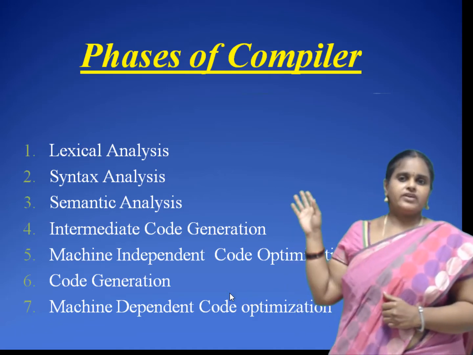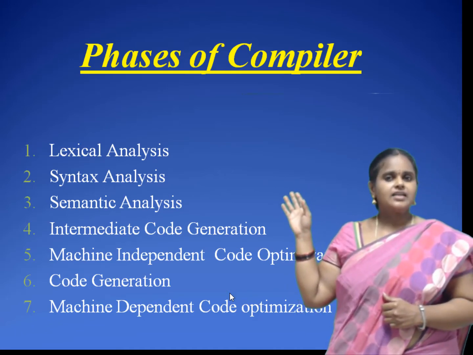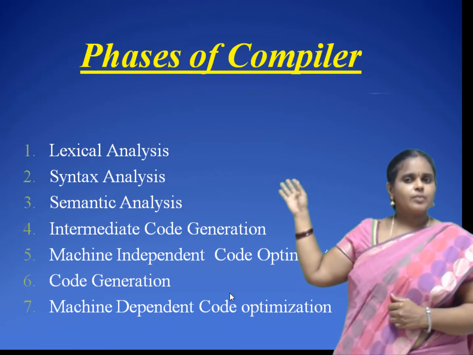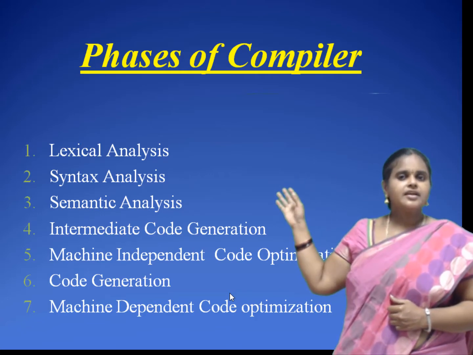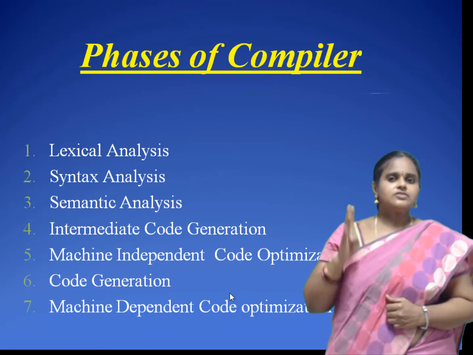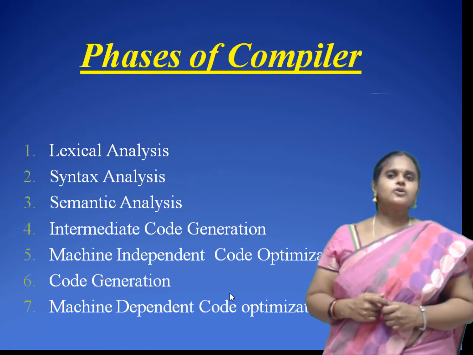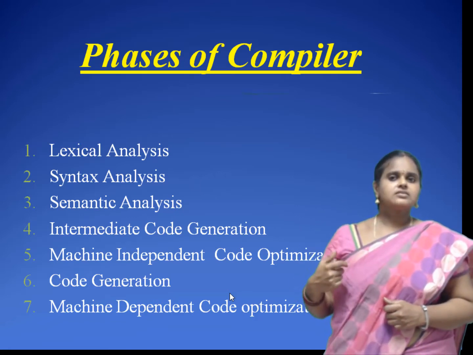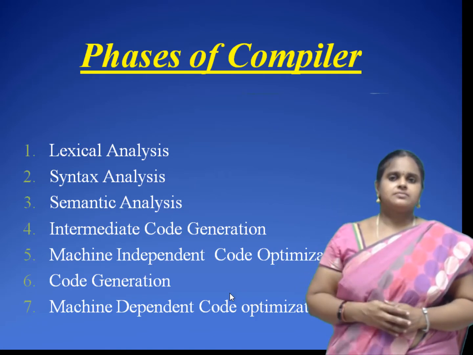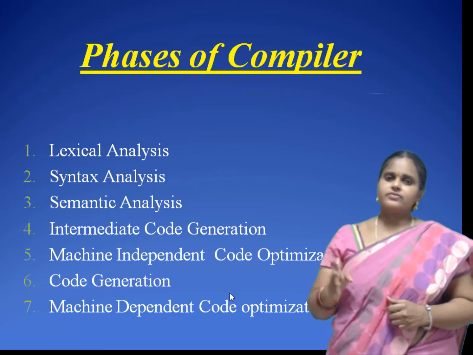The first 4 phases represent the analysis pass. Those are lexical analyzer, syntax analyzer, semantic analyzer, and intermediate code generation. For these 4 phases, the input is the source program and the output is the intermediate code representation. So this is the first pass. The first pass consists of 4 phases.